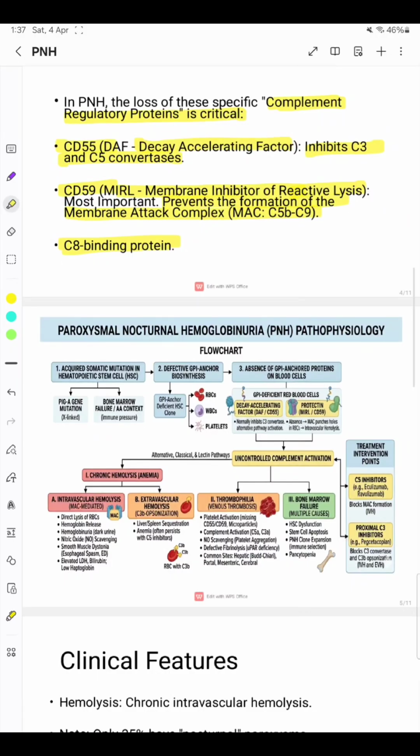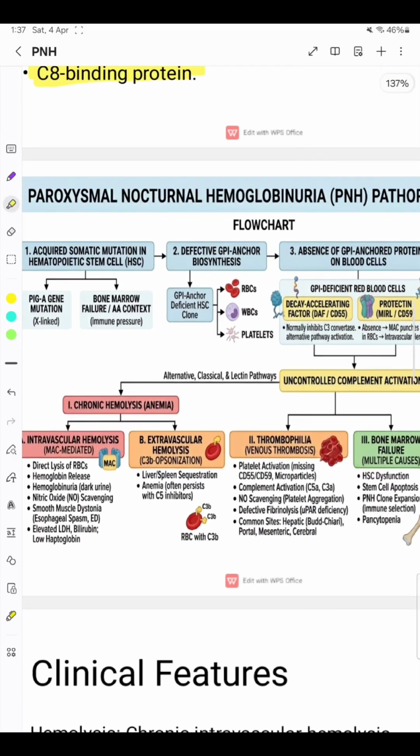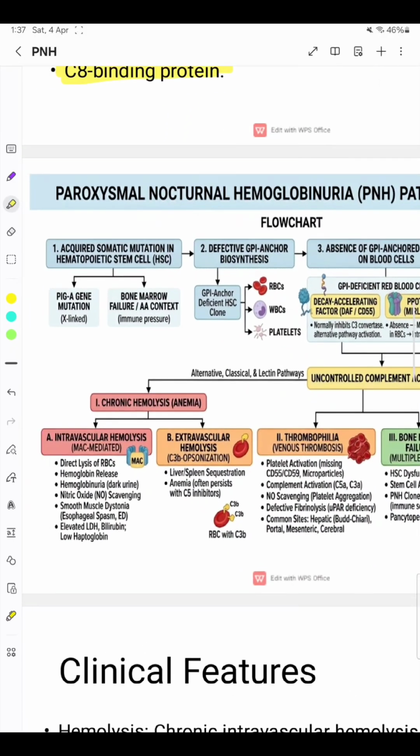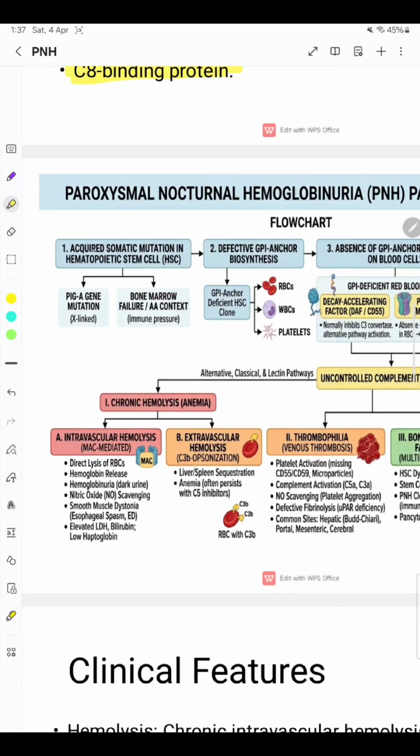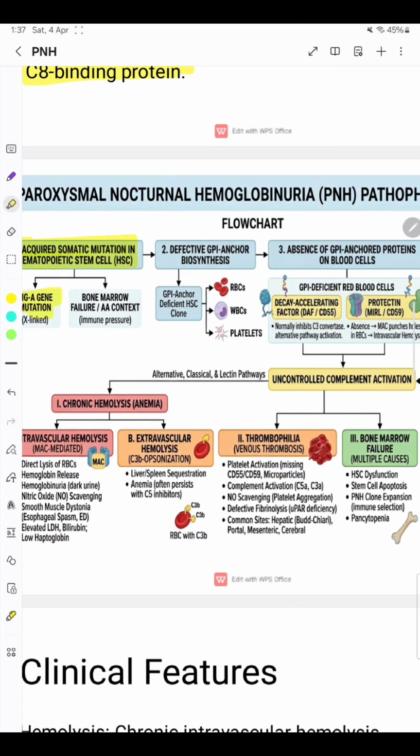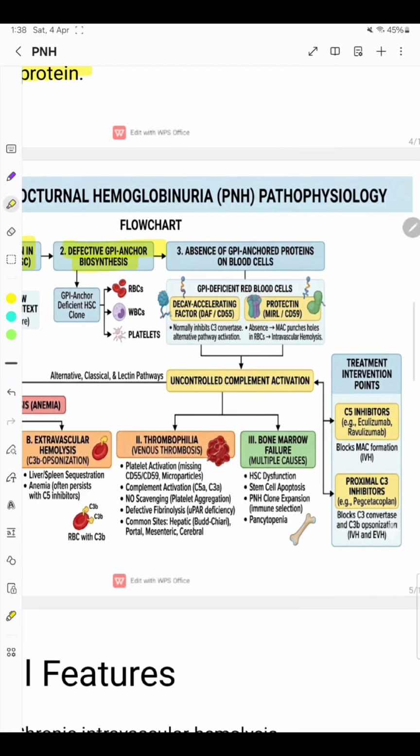So this is the flow chart of PNH pathophysiology. As we have discussed, there is an acquired somatic mutation in the hematopoietic stem cell in the PIGA gene, which results in defective GPI anchor proteins and ultimately absence of the GPI-anchored proteins on the blood cells.